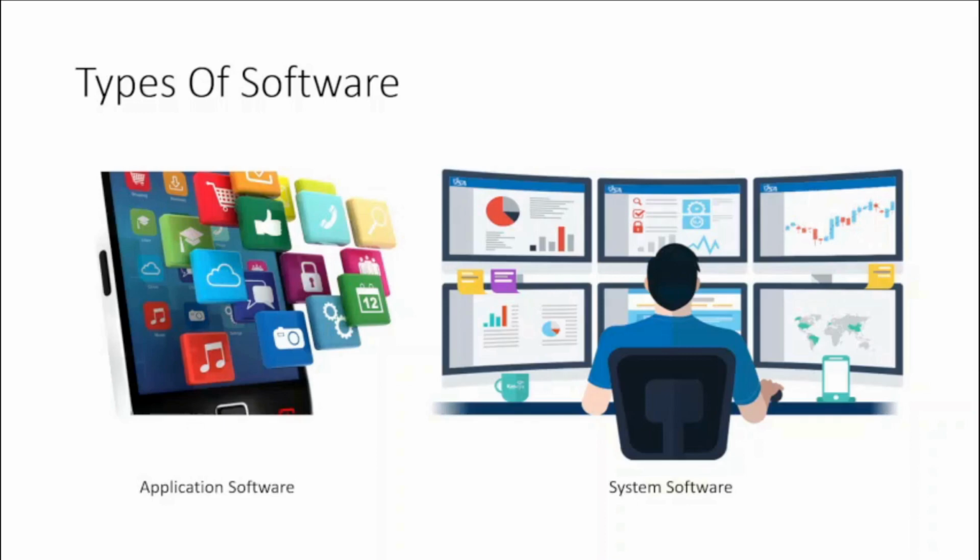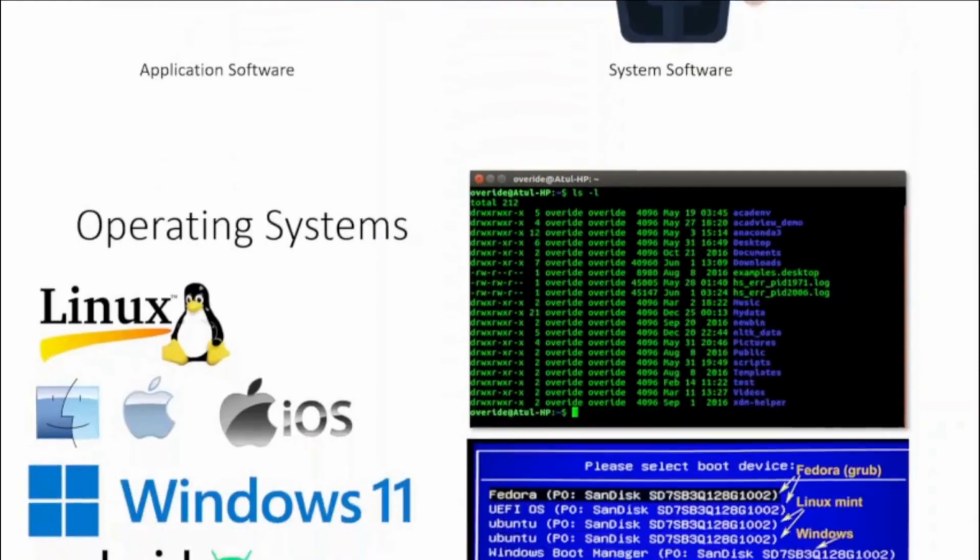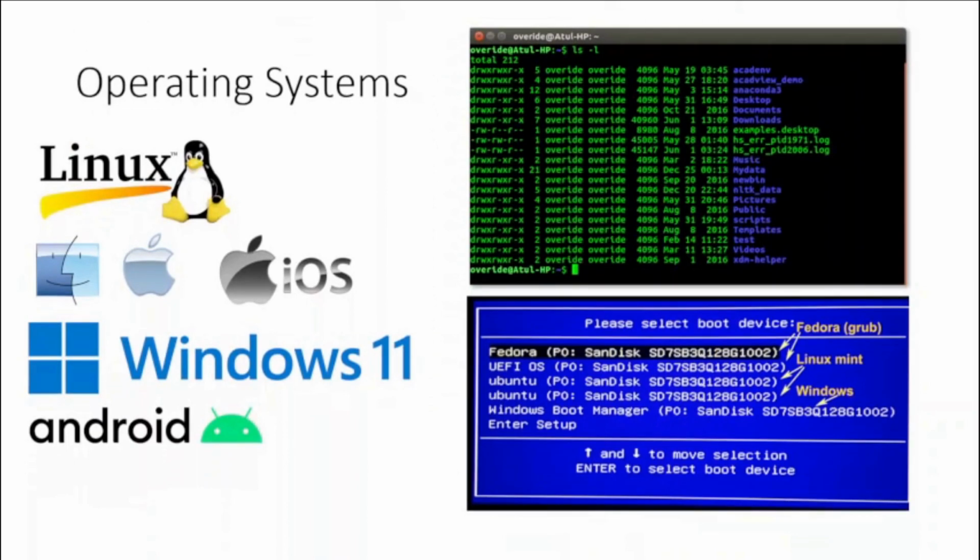System software is a program designed to run a computer's hardware and applications and manage its resources, such as its memory, processors, and devices. It also provides a platform for running application software, and it includes the following: operating systems.